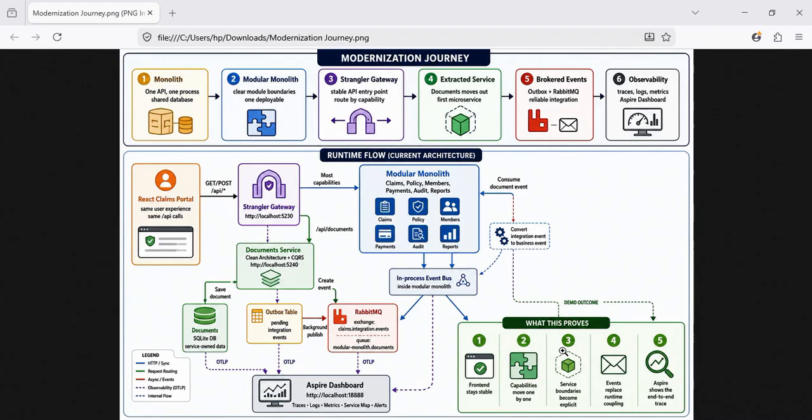What this proves is that the frontend stays stable, and capability moves one by one. Then the service boundary becomes explicit, and events replace runtime coupling. And the last bit here is the Aspire dashboard, which gives you the trace. So this is the journey you will be doing step by step.